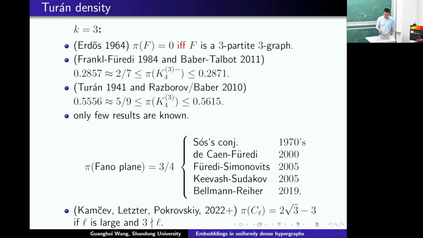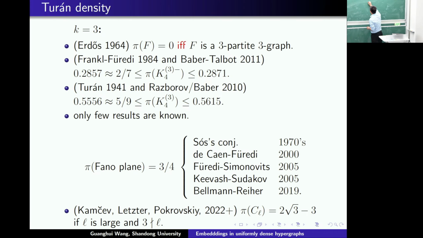Even for the clique on 4 vertices, we haven't determined the Turan density. We know the lower bound is 5/9, and the upper bound is 0.5615 due to the famous flag algebra, and the lower bound is the construction due to Turan.